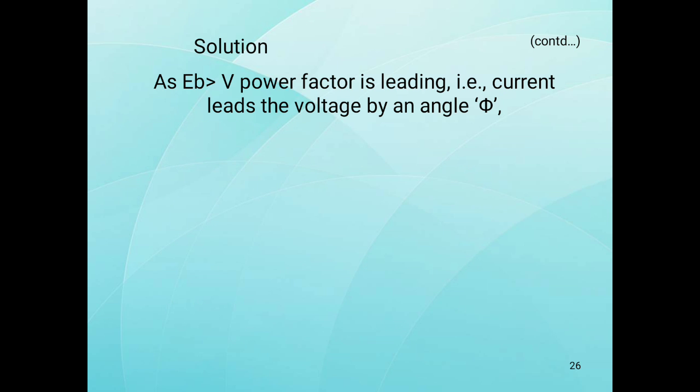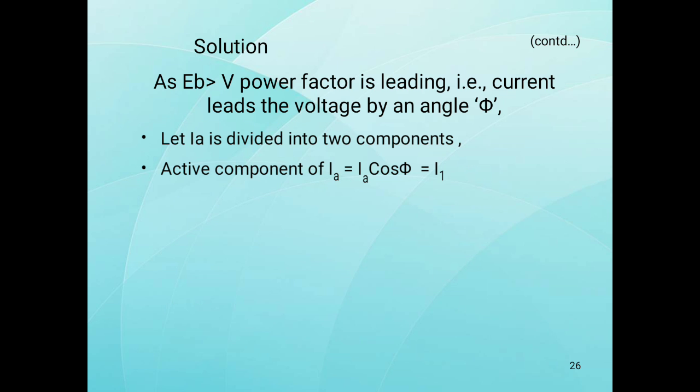Now solution, as EB is greater than V, the power factor is leading, current leads the voltage by an angle of phi. Let IA be divided into two components, that is active component IA cos phi, that is I1, and reactive component of current I2, that is IA sin phi.